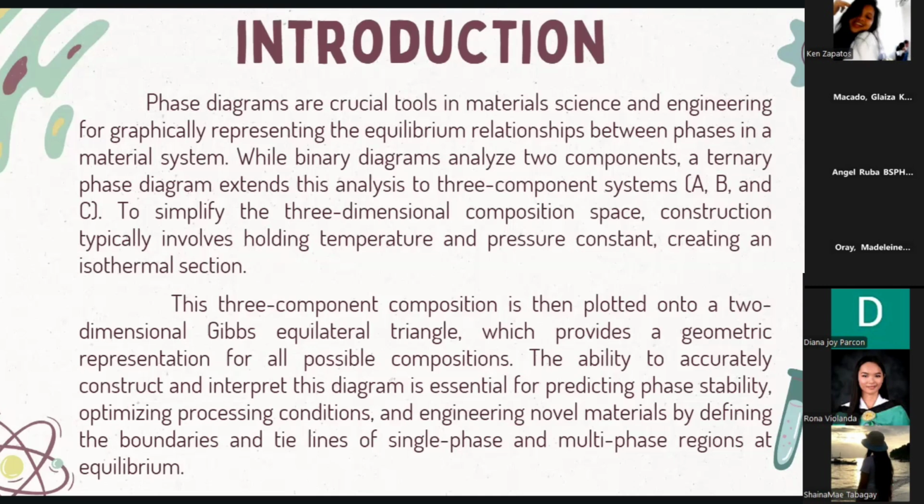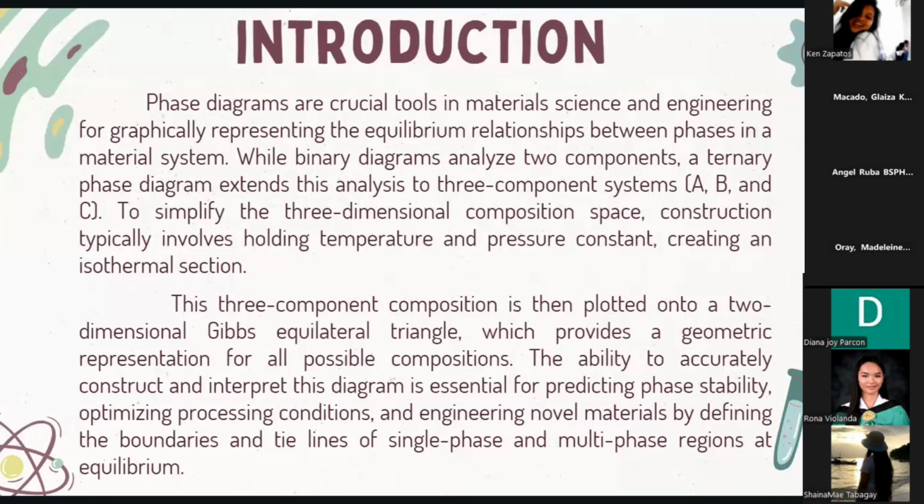To simplify the three-dimensional composition space, construction typically involves holding temperature and pressure constant, creating an isothermal section. These three-component compositions are then plotted onto a two-dimensional Gibbs equilibrium triangle, which provides a geometric representation for all possible compositions.